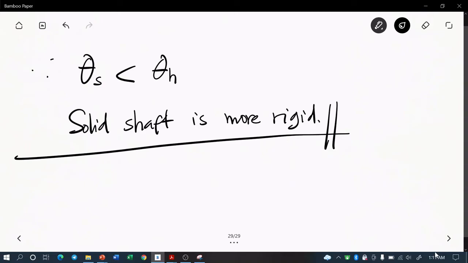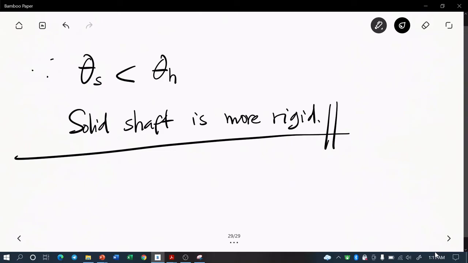Alright, so we have just solved problem number 1, where our first requirement is the diameter if the shaft is solid. The second is the diameters, the DO and DI, if the shaft is hollow, where we were given the ratio of the outside and inside diameter, with the outside diameter being 2 times the inside diameter.